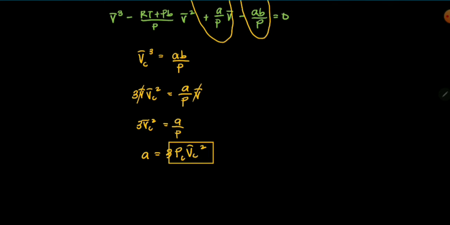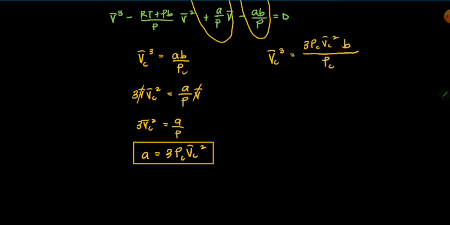Okay. Now, let's use this expression to get B. We will substitute A into this expression. So, VC cubed is equal to, since A is 3PCVC squared, 3PCVC squared B over PC.